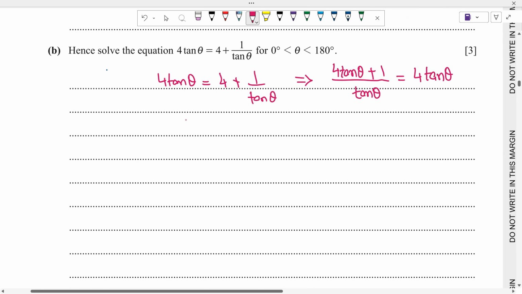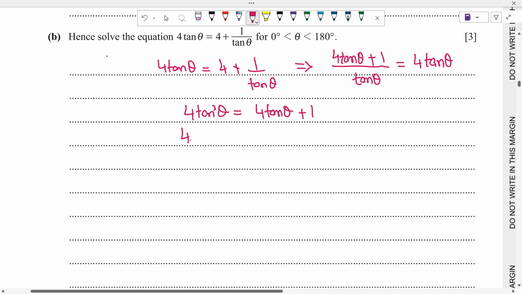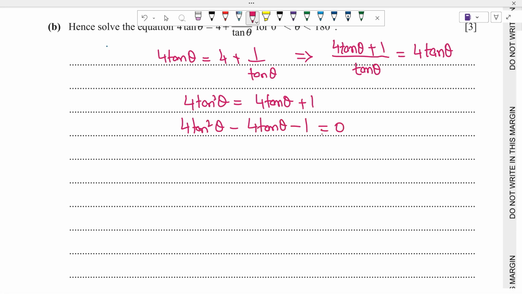Solving further, we will have 4 tan² θ = 4 tan θ + 1. Further solving, we will have 4 tan² θ - 4 tan θ - 1 = 0.